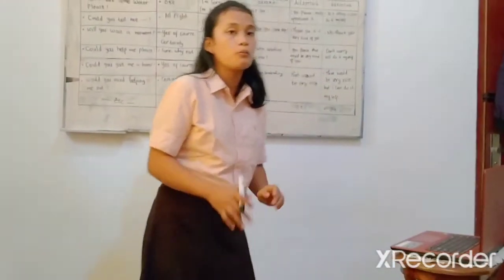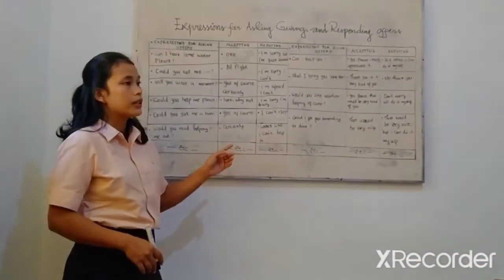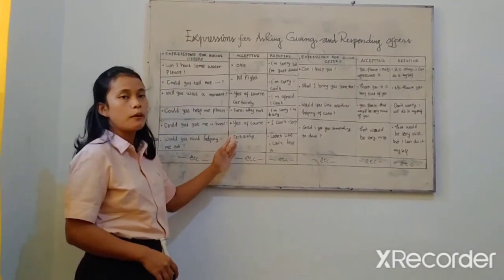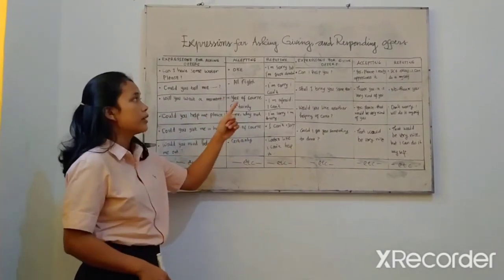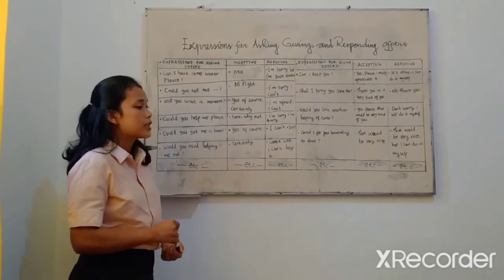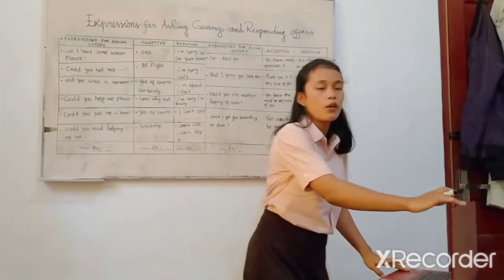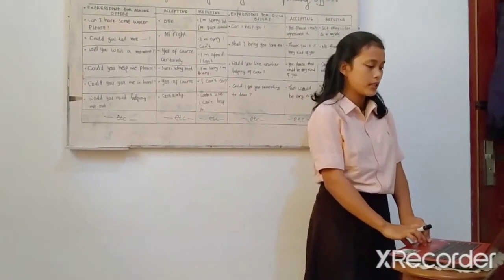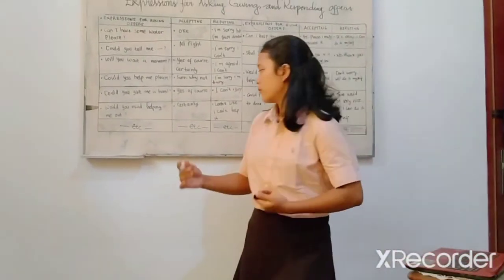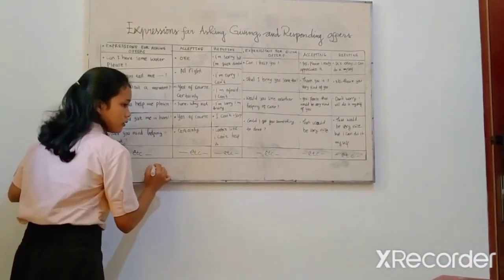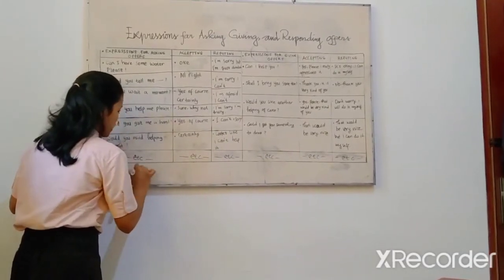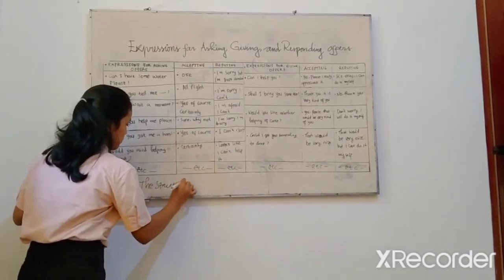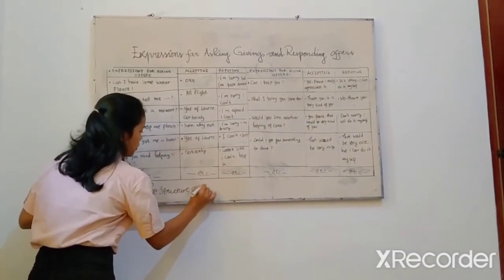So, dari mana kita bisa tahu bahwa ini kalimat untuk mengungkapkan asking, giving, and responding offers? Okay, the structure of expression of asking and giving, responding is the structure of offers.